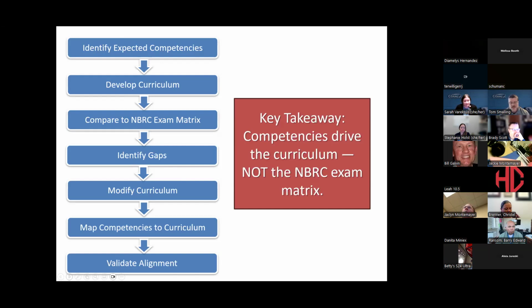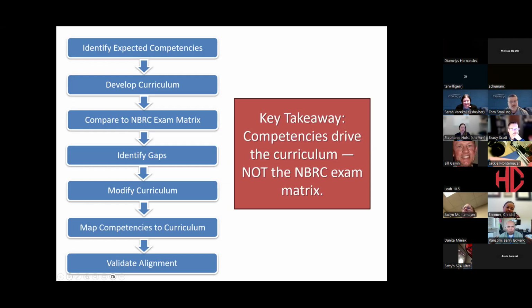Now, the take home: the competencies drive the curriculum. You don't teach to the NBRC exam. The NBRC will definitely be telling you that, and they probably have told you that in the past. They will keep telling you that your program should not be designed to teach to the exam.